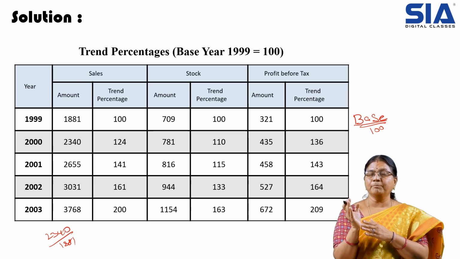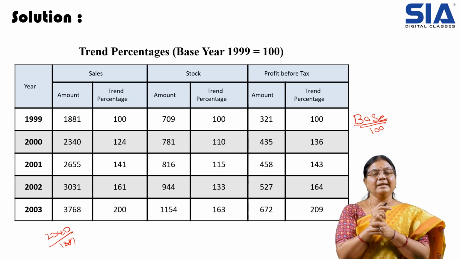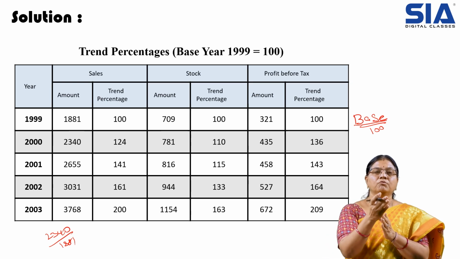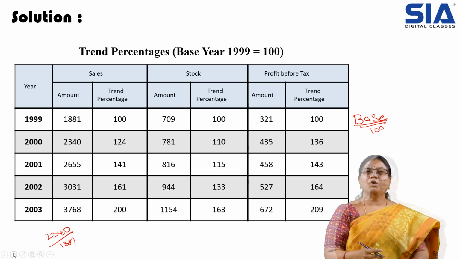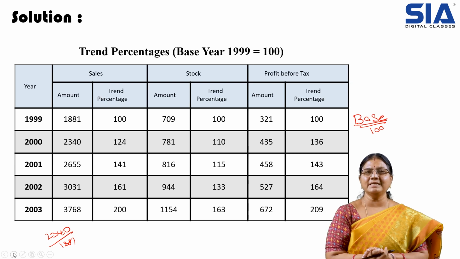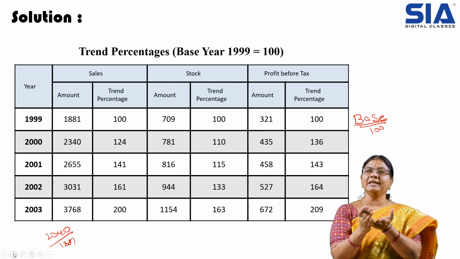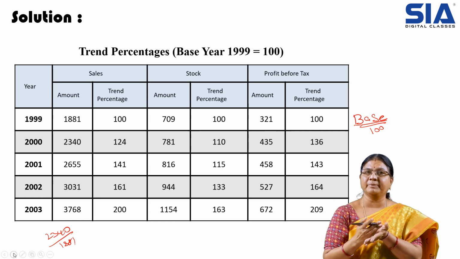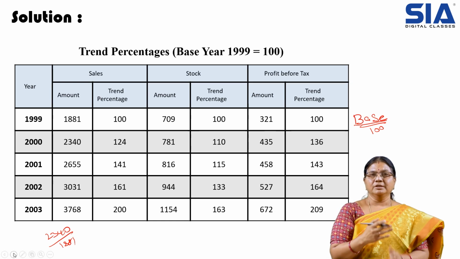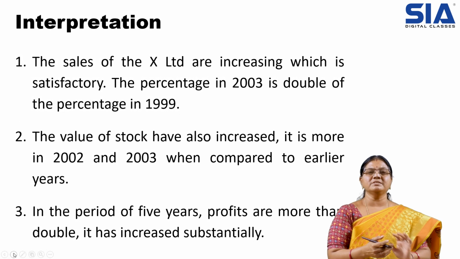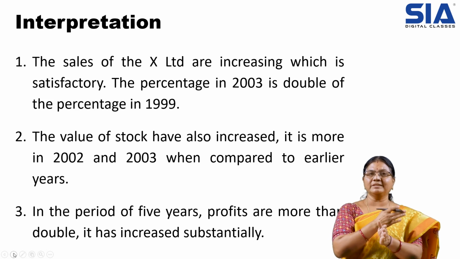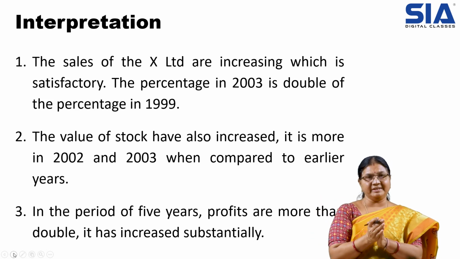So we need to give proper interpretation, that is, the explanation after doing this calculation. Otherwise, people cannot understand what the trend is saying. Now let us see how we have to interpret this analysis. We have done the solution. Until somebody gives the interpretation, we cannot understand these figures. So as I told you, the three components are moving in the upward direction.